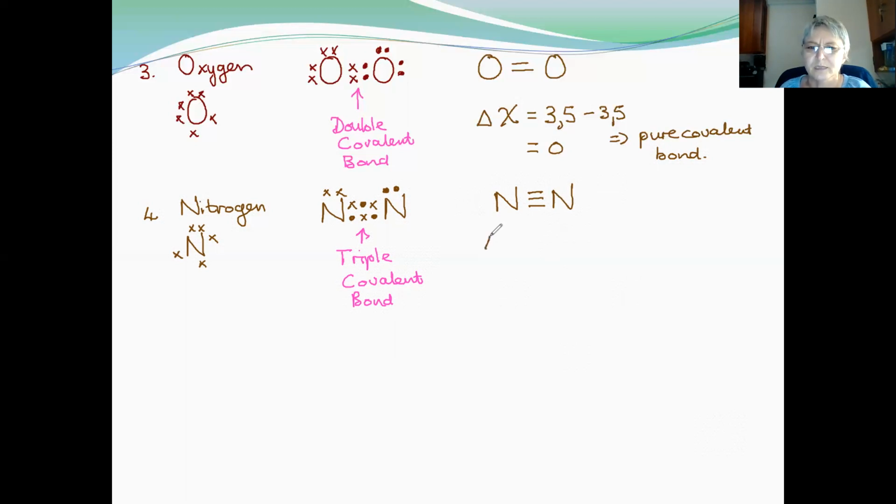To determine the nature of the bond, I take the electronegativity of nitrogen, which is 3, and I subtract the electronegativity of nitrogen, and we get 0, and it means that it's a pure covalent bond between the 2 atoms.